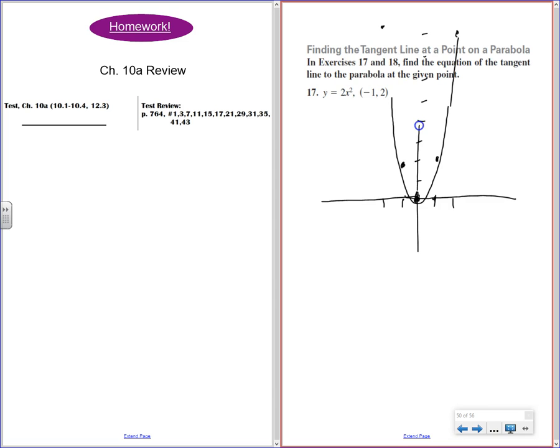We can keep on going. They're wanting me to find the equation of a tangent line that hits at the point -1, 2. So with that, we have to remember some of our characteristics of parabolas. And a characteristic of the parabola is, if we could find the focus, there's only one of a parabola, and the directrix, I think that distance is going to be kind of important, right?